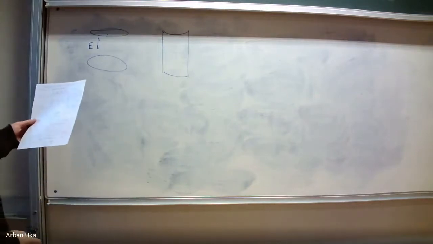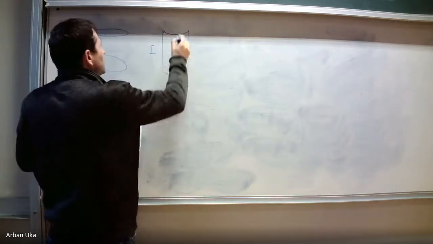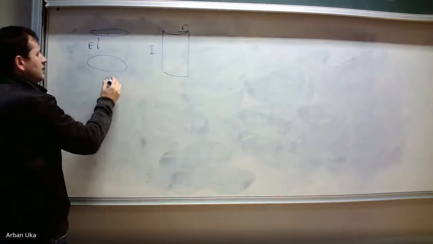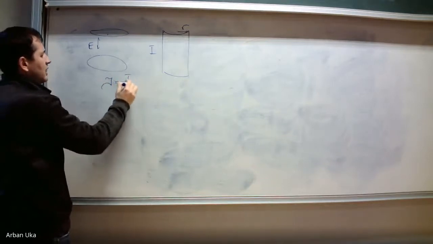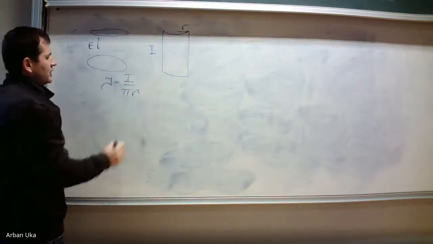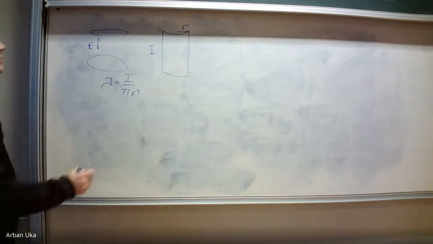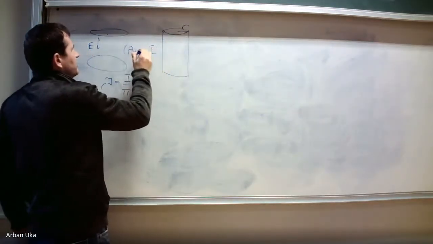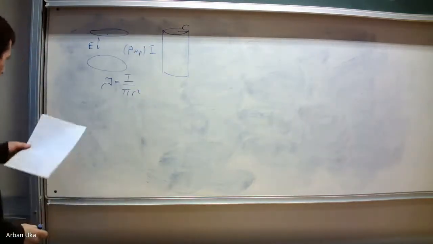Let's imagine we have a wire which has a current I. It has a radius R. With current I and radius R, we can immediately extract a J, which is equal to I over pi R squared, because I is a current measured in amperes. R is the radius.